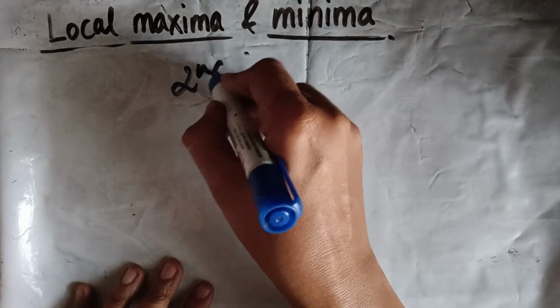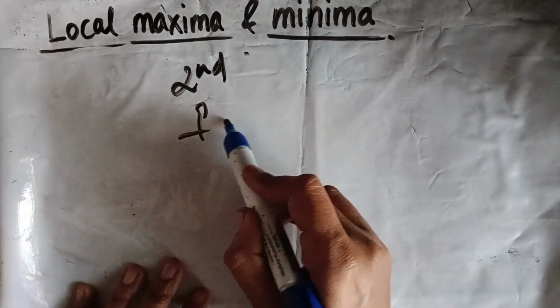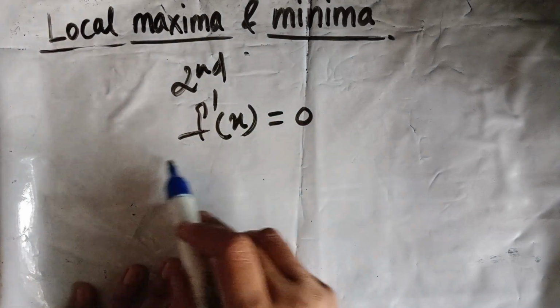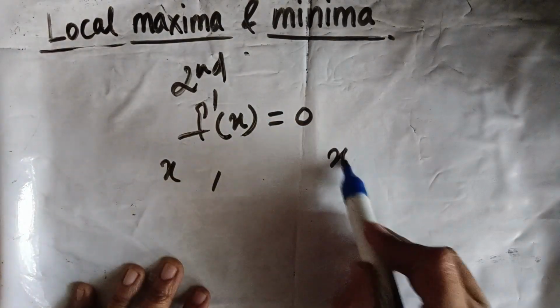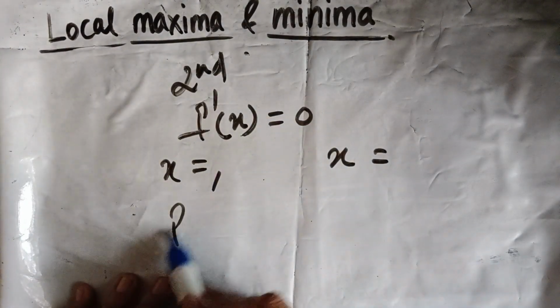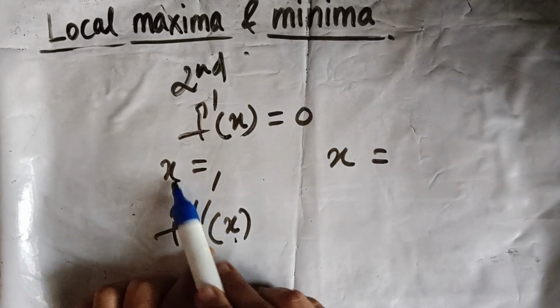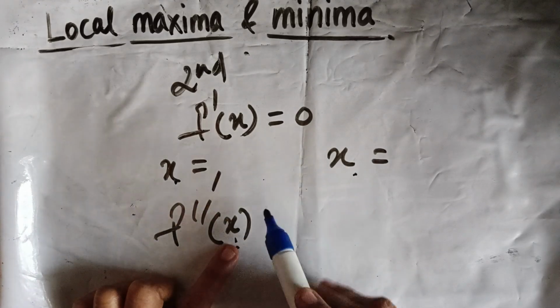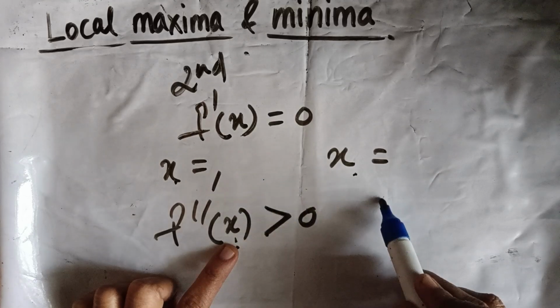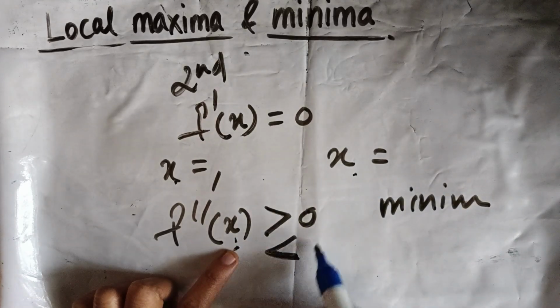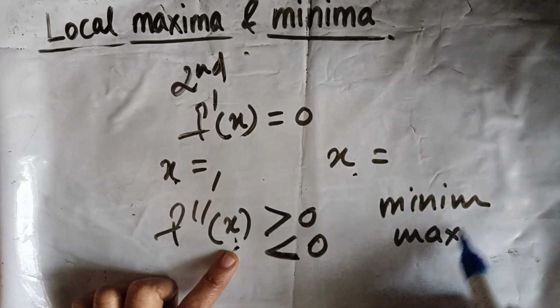For the second derivative test, you first find f dash of x, put it equal to 0, you get the critical points. Again, you have to differentiate. Now you put these points in it. If it is greater than 0, then this is minimum. If it is less than 0, then it is maximum.